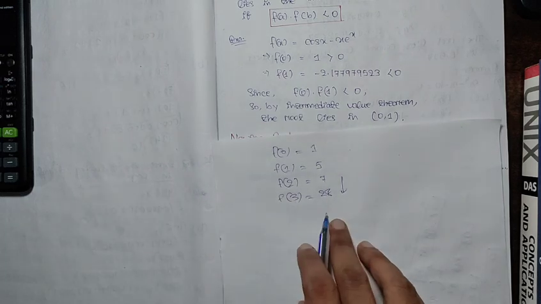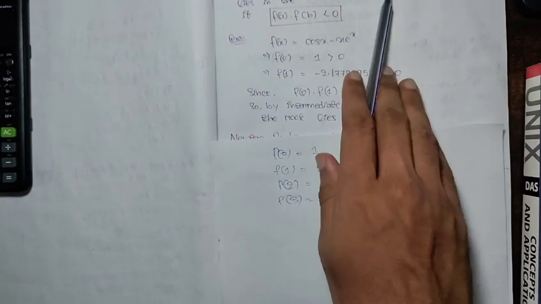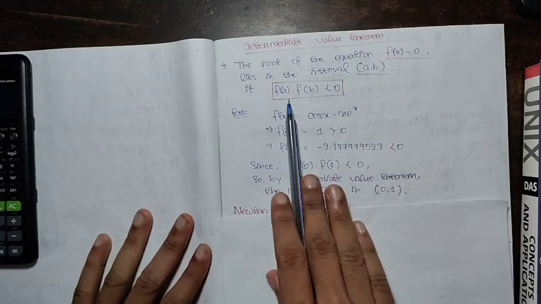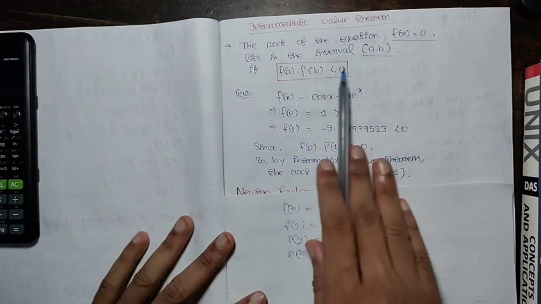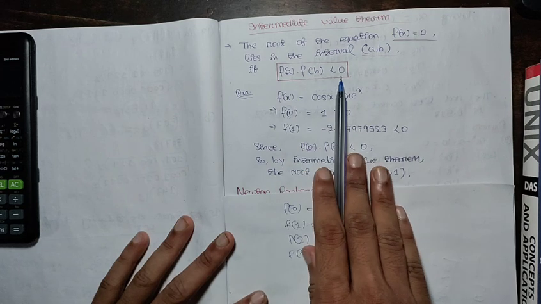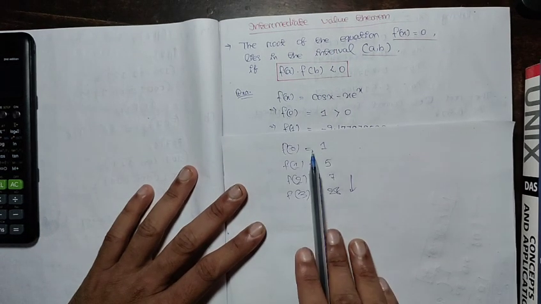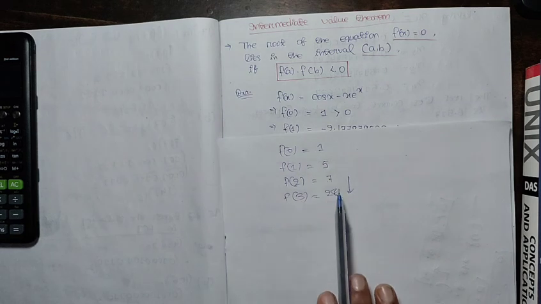If you get like this, then what does the intermediate value theorem say? According to this theorem, the root should lie in the interval a b where f of a into f of b is less than 0. Okay, so you should get a positive and a negative value.